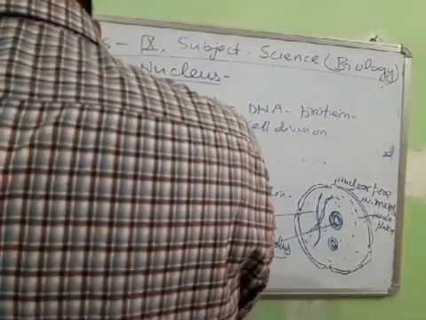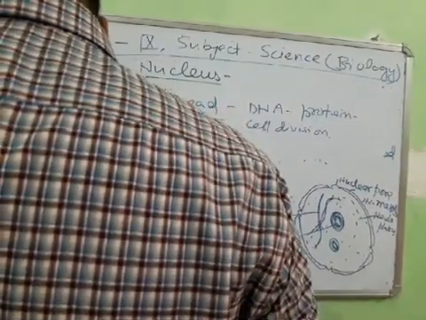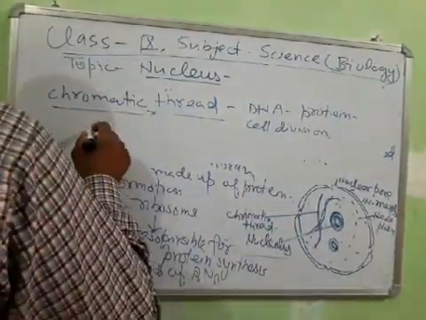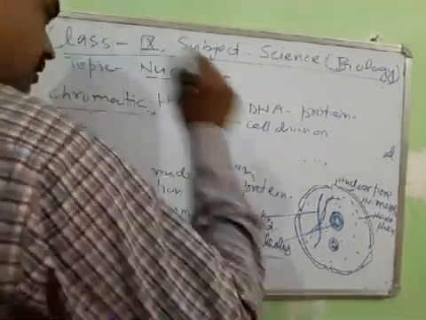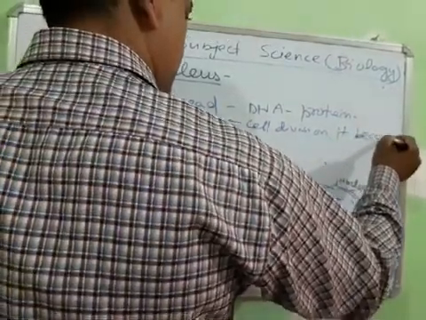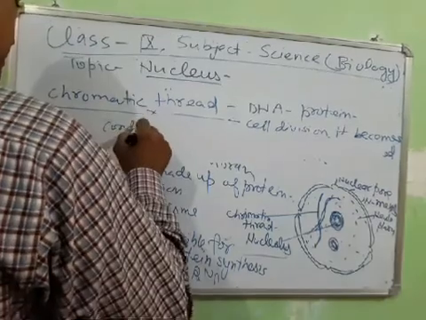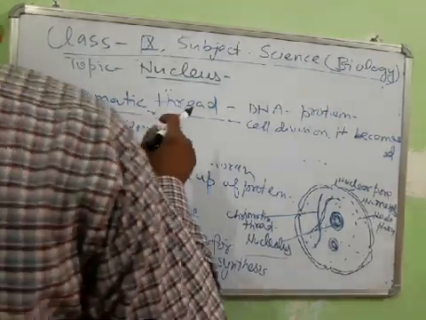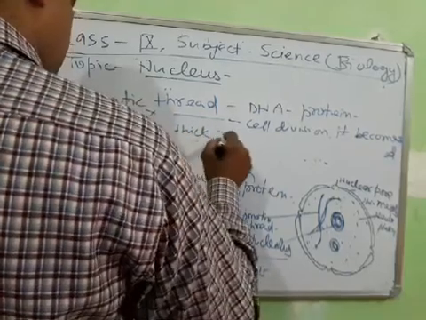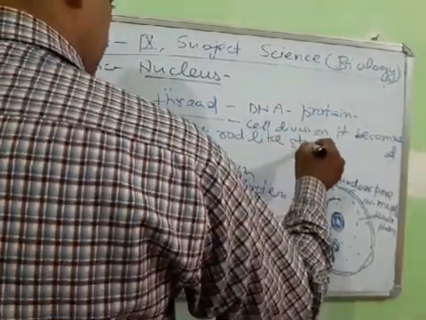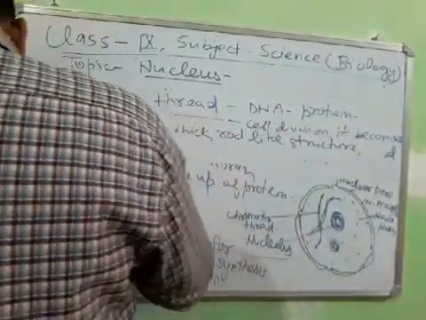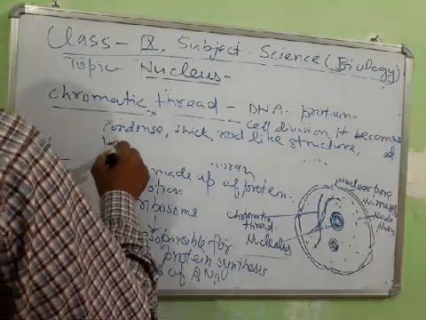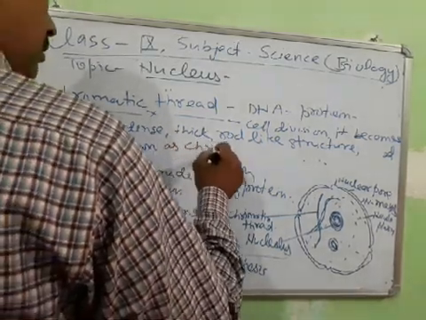So write down, during cell division it becomes condensed, means thick, it becomes a condensed and thick rod like structure, and is known as chromosome.